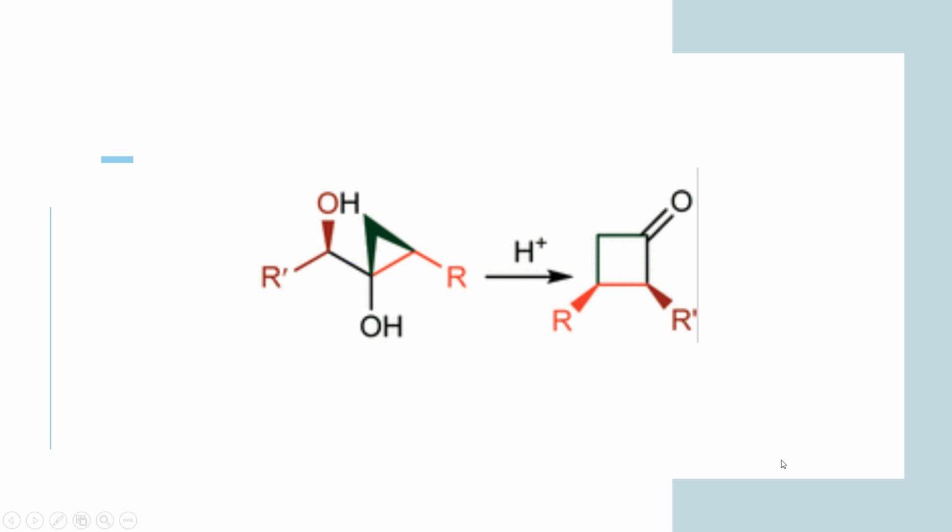Here, this hydroxy substrate, a diol substrate, is given, and it is treated with acid in the reaction condition, and we get the cyclobutanone as the final product.